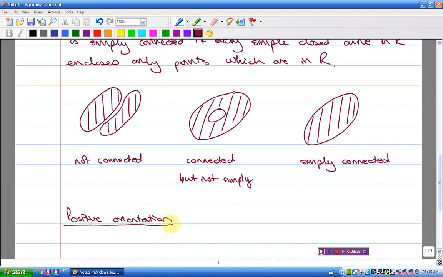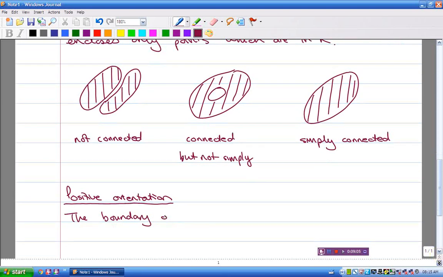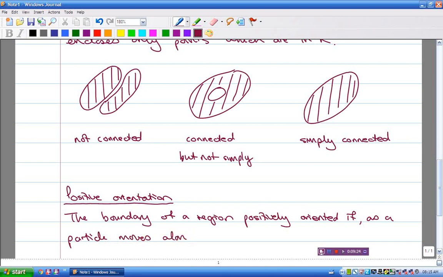The boundary of a region is positively oriented if, as a particle moves along it, okay, so this is the boundary of a region.